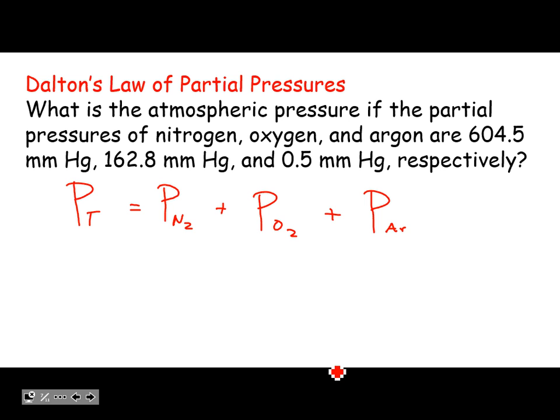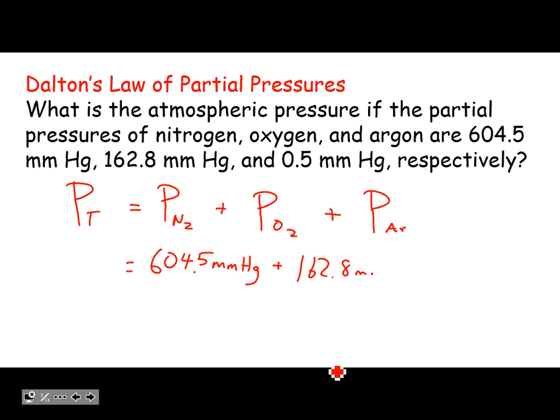So if I take those three partial pressures, I can get the total pressure. Well, it's as easy as this, okay? 604.5 millimeters of mercury is the pressure of the nitrogen.